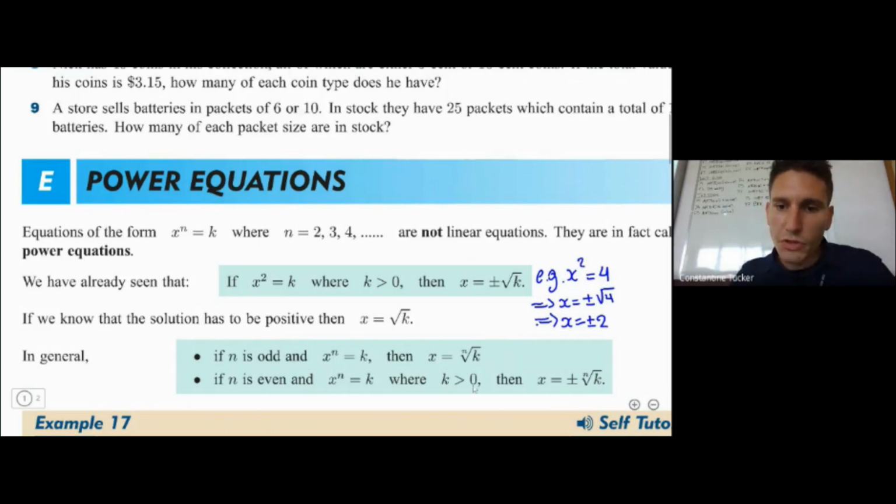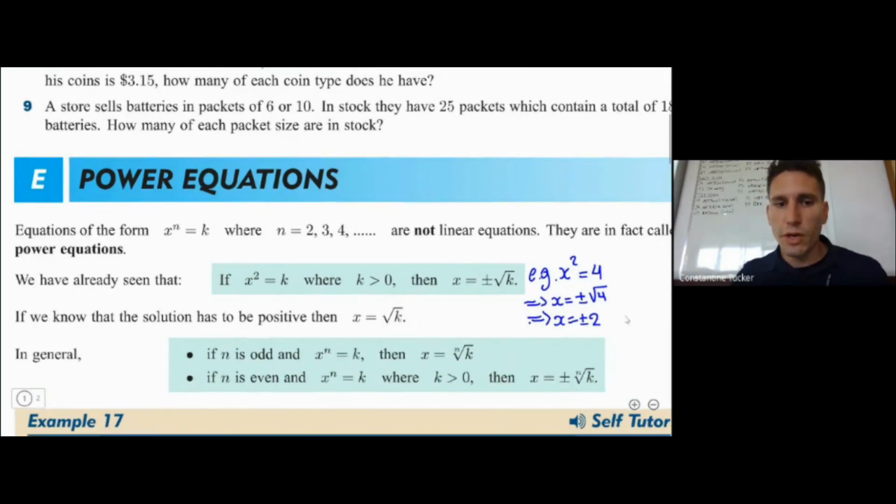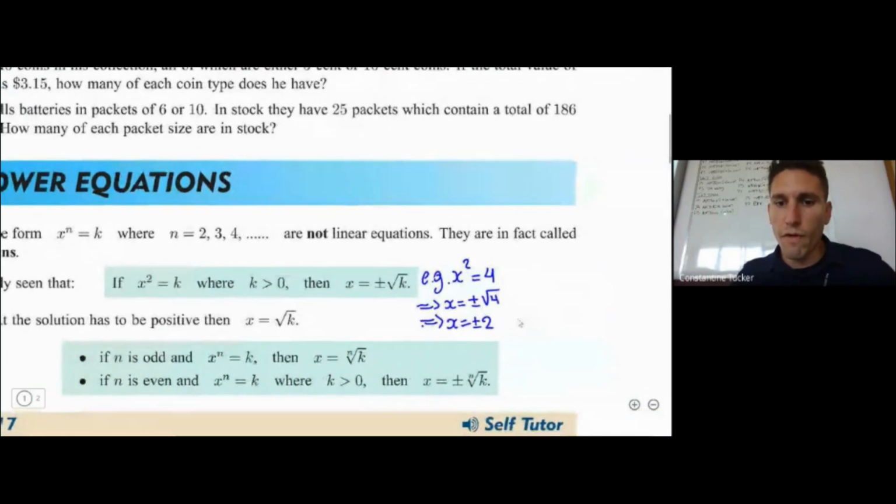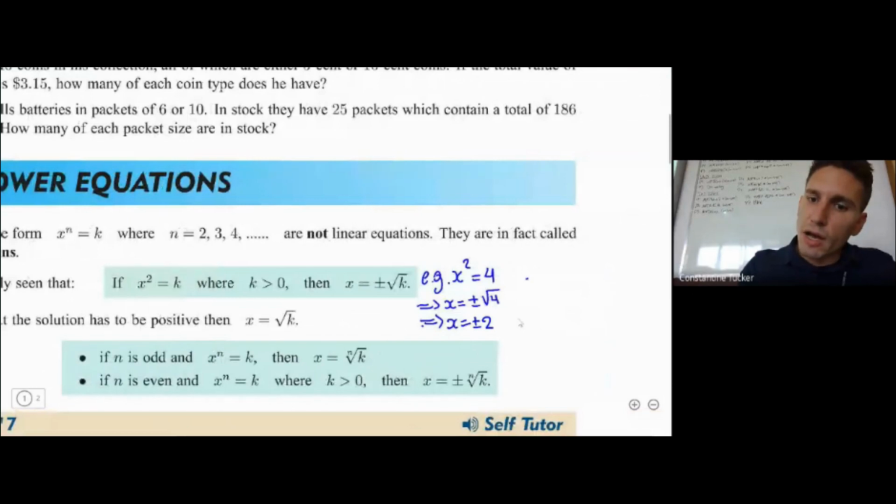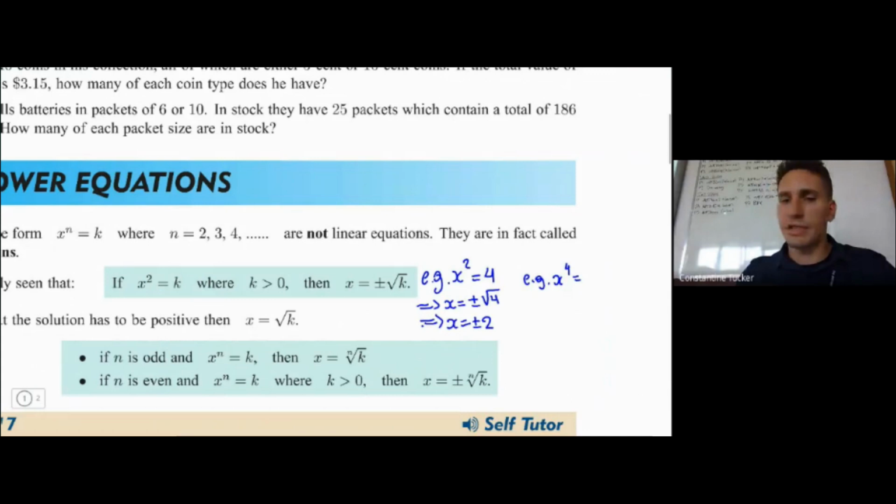Now, here you will see that we have a different case. We could have a different power, slightly bigger power. So for example, let's say we could have x to the power of 4. So if you have x to the power of 4 is equal to 16, then again, we will have two solutions.